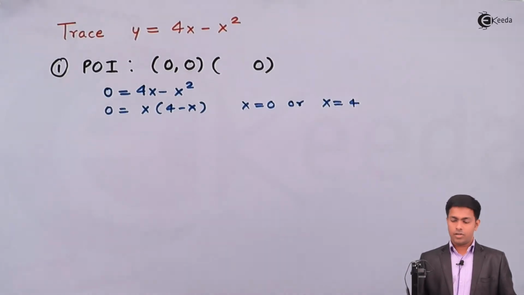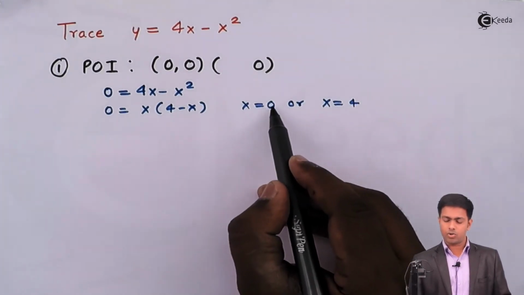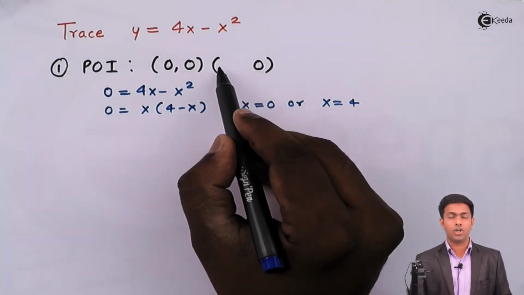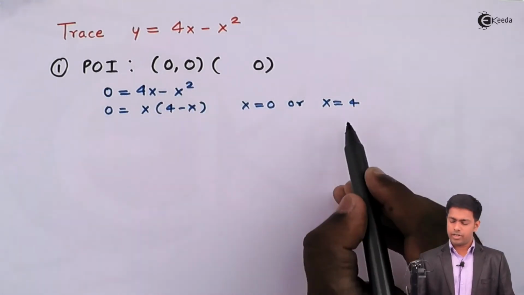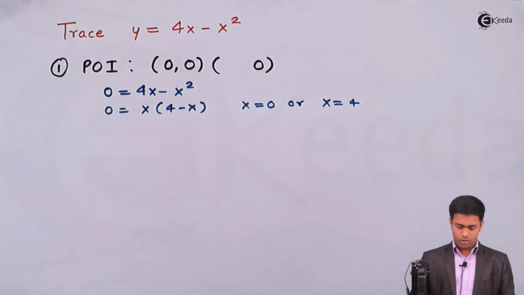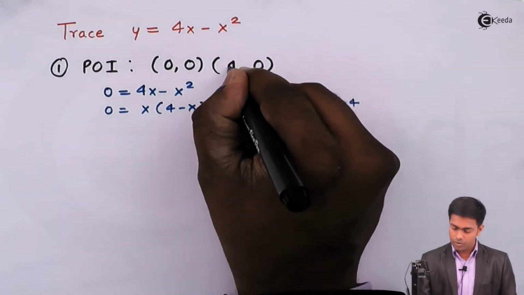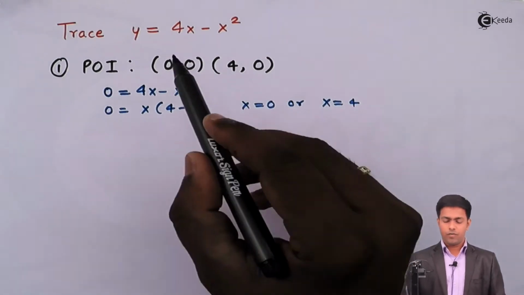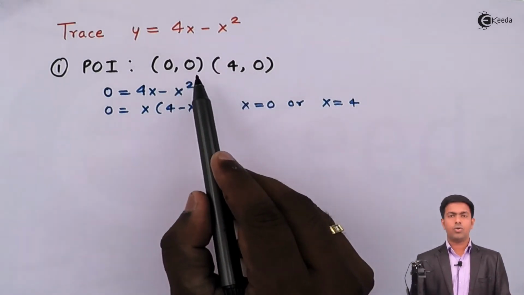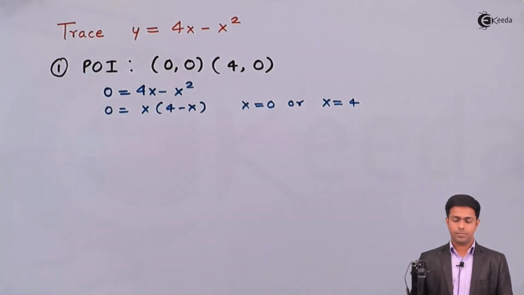If I put x as 0, I'll get 0, 0, but we have already covered that point. So I'll take the second value of x, that is 4. Here we will get 4, 0. So the points of intersection for this parabola are 0, 0 and 4, 0.